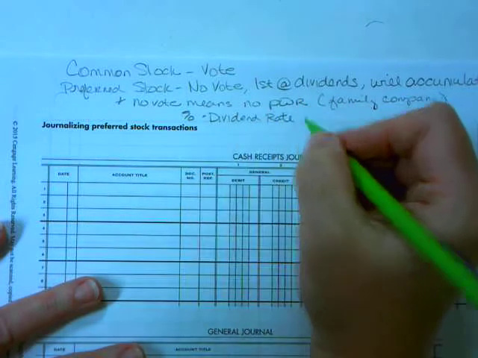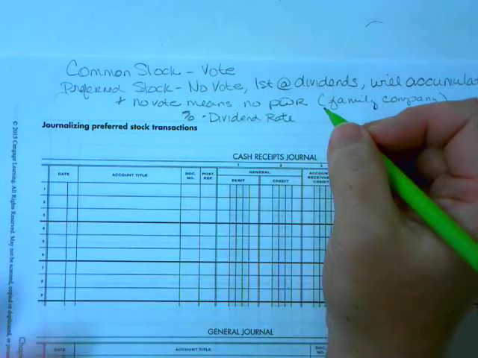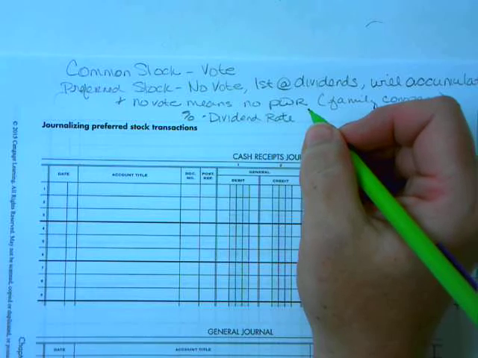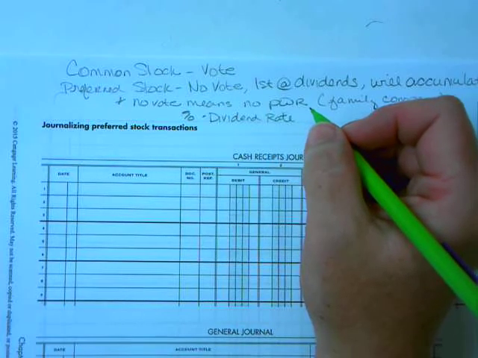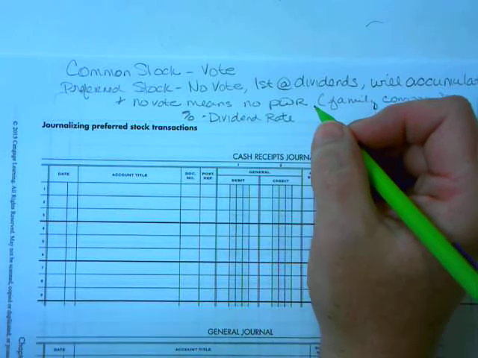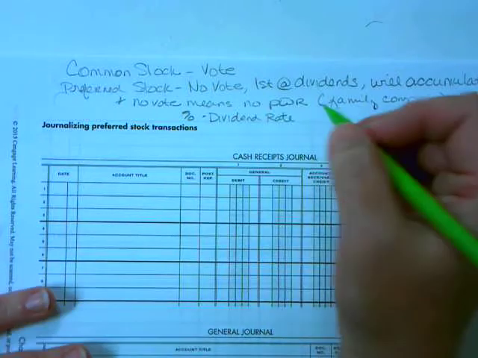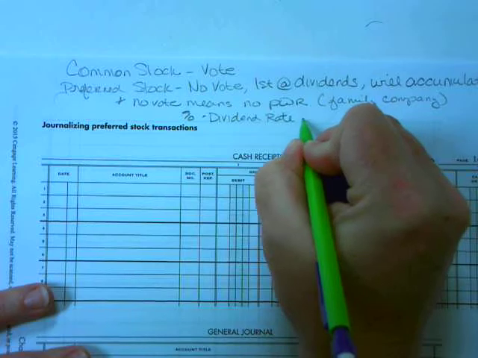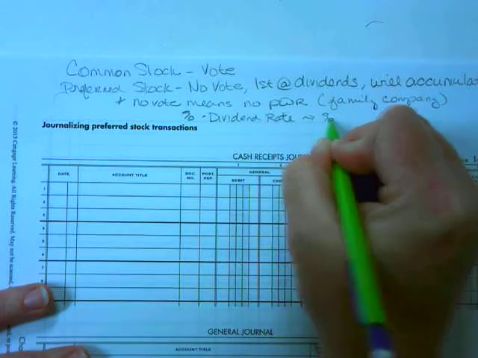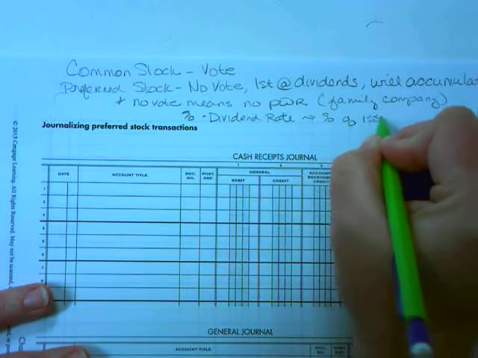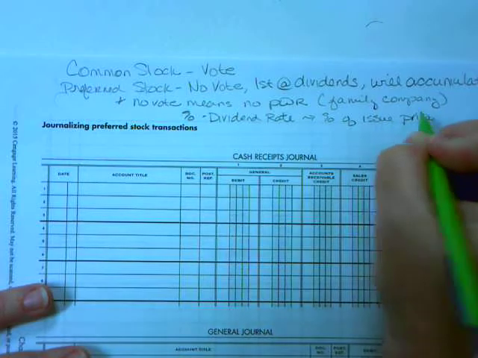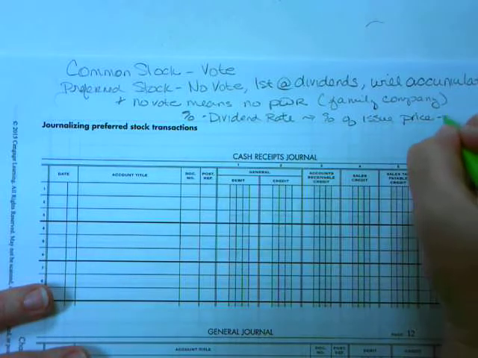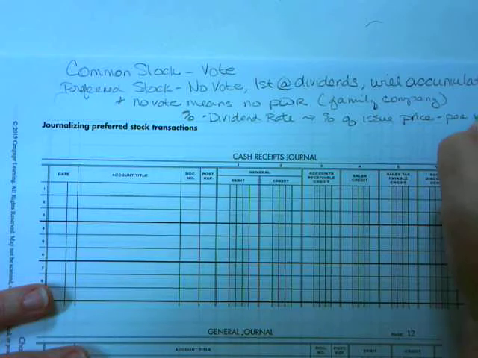So whatever, like $50 par value, 6% stock, 6% of $50 is what the expected dividend is for that share each year. So 6% per year, which is a pretty good return rate. So this dividend rate is a percent of the issue price. And it's 6% per year.